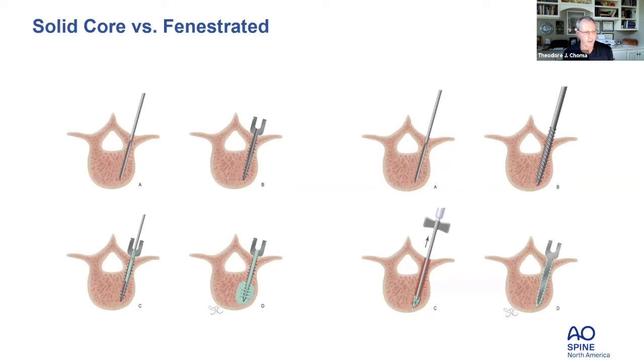On the right is the technique that I used to cement augment solid screws, and that is make the pilot hole, then tap the screw track, what we call line to line. So if you're using a 7mm screw, tap it with a 7mm tap, and inject about a milliliter and a half of cement into that hole, and then place the solid screw.